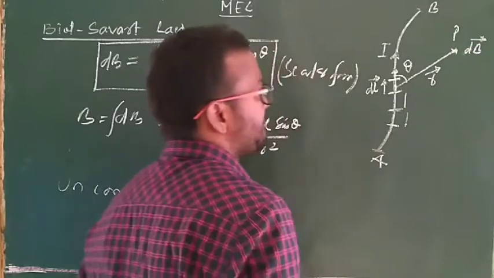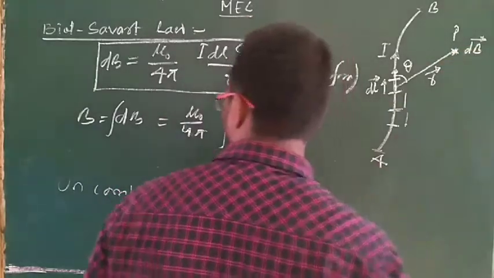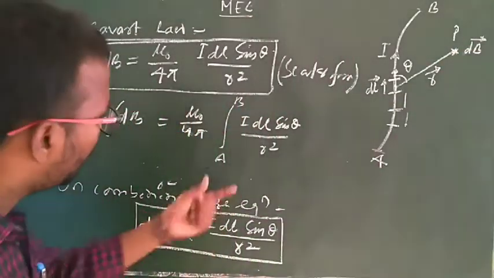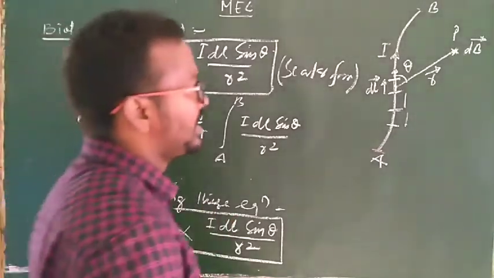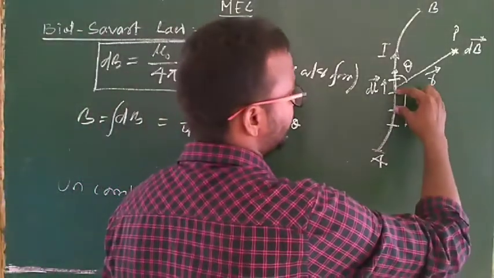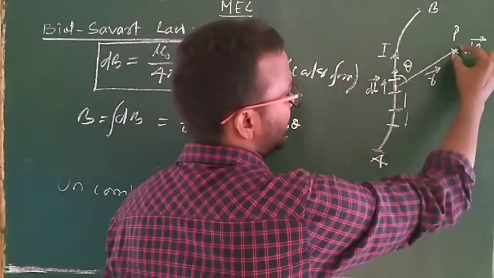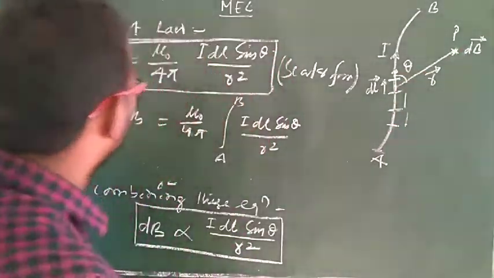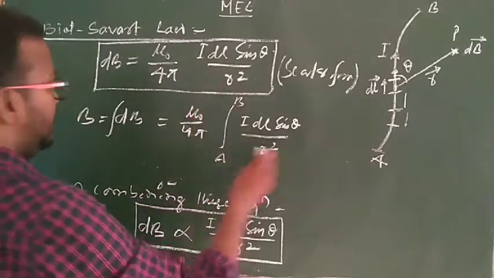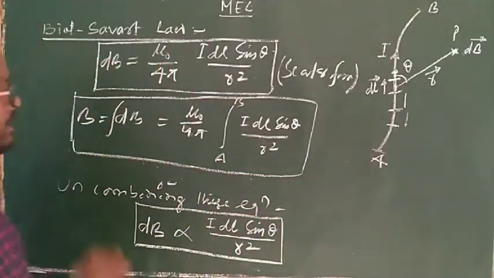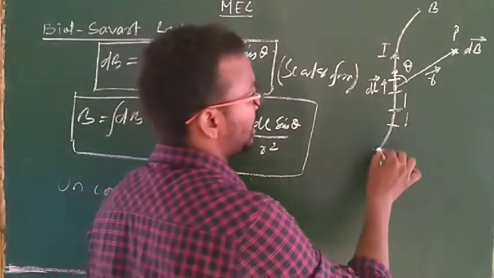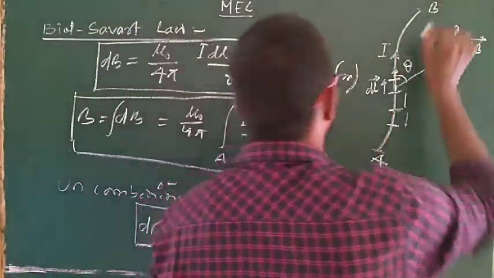Later we will discuss the direction of the magnetic field, and then it will be clear what the direction is due to each element at point P. So this is the scalar form and this is the total magnetic field due to the total current carrying conductor A to B.